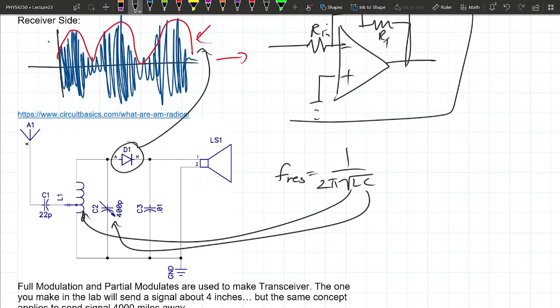Typically, you probably have to amplify this, unless you have like an array of 1,000 antennas. You're not going to pick up a signal that's strong enough to drive a speaker. So you probably have to put some amplifier in here. But once the signal is there, you can amplify that signal and listen to whatever music you want.